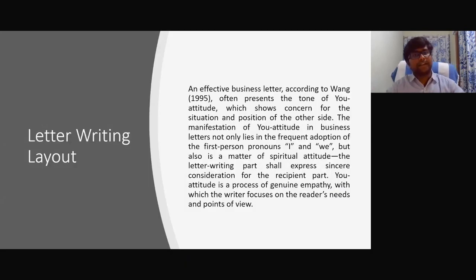Primarily, in writing a business letter, we should emphasize using the you attitude the most rather than the I attitude. The you attitude helps the reader in engaging more with the information provided in the letter, and also it shows that the reader is taken into consideration while writing the letter.